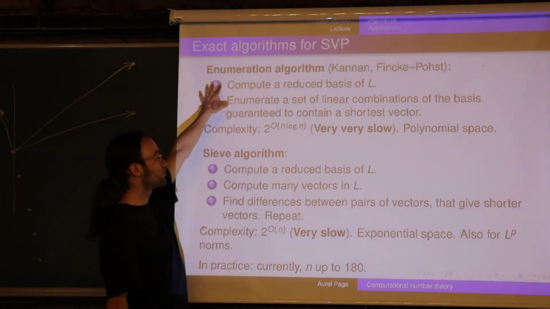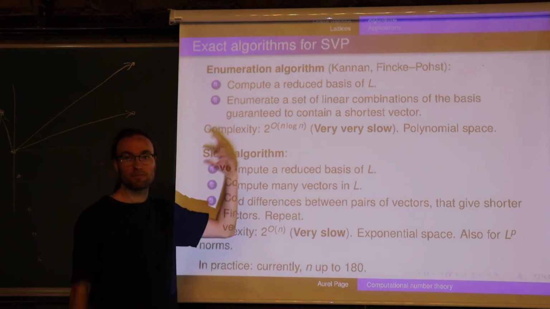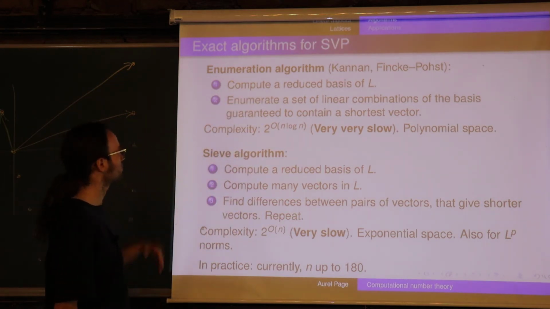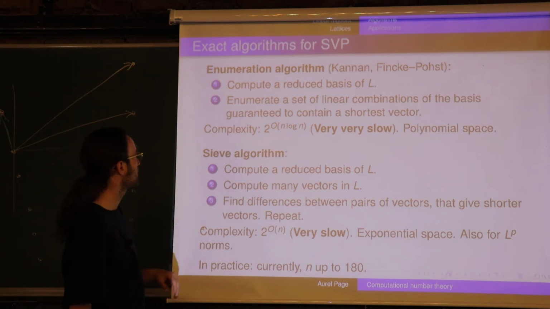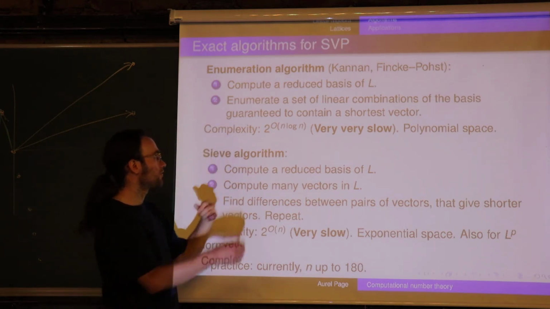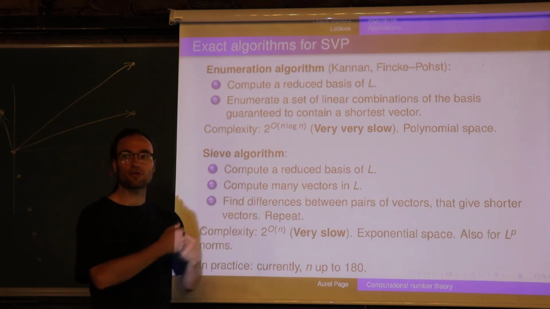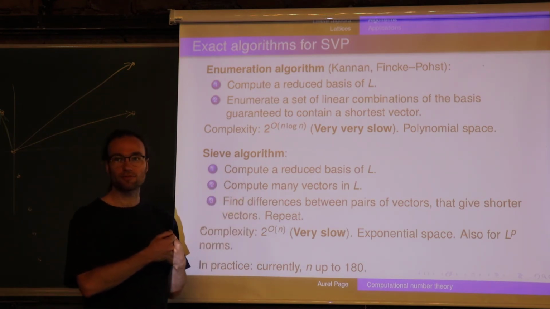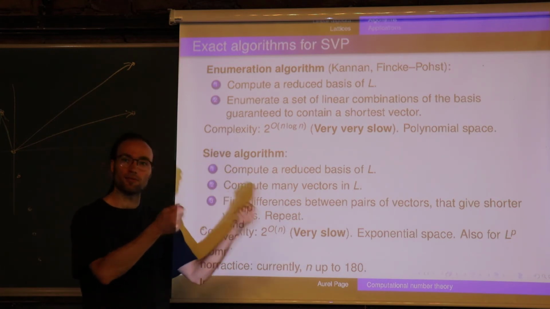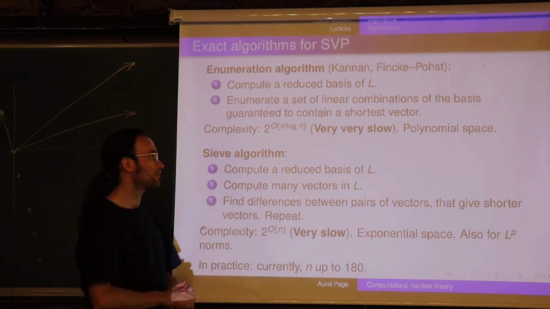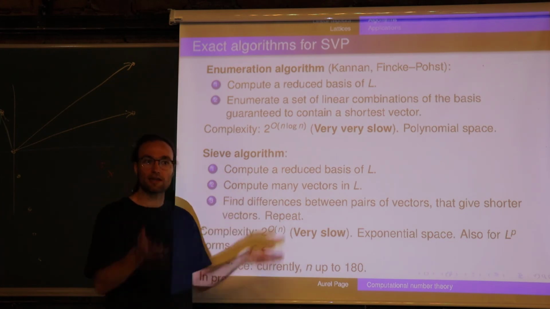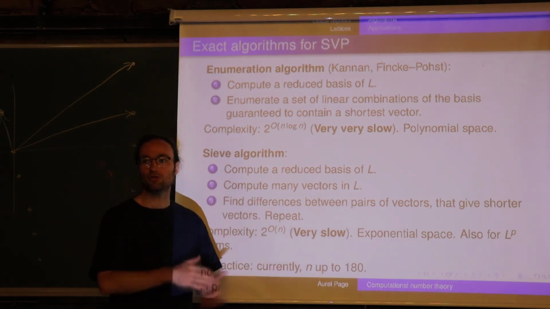You compute a reduced basis of L by LLL, and sometimes you make it even slightly better. And then you enumerate a set of linear combinations of the elements of the basis that is guaranteed to contain a shortest vector. So it's possible to give bounds on the coefficients that guarantee that among the whole set that you enumerate, there has to be the shortest one.